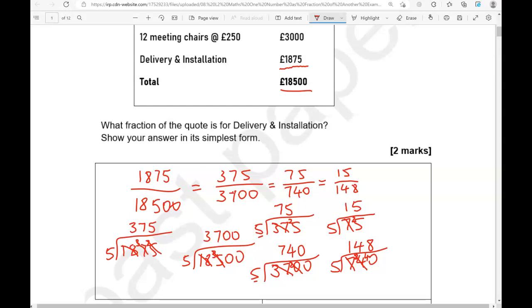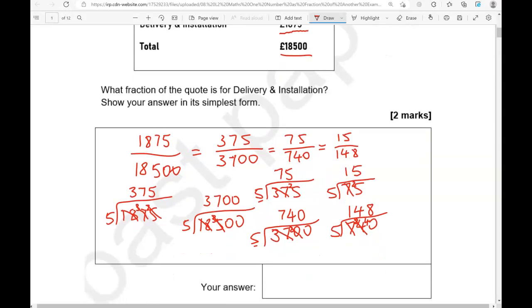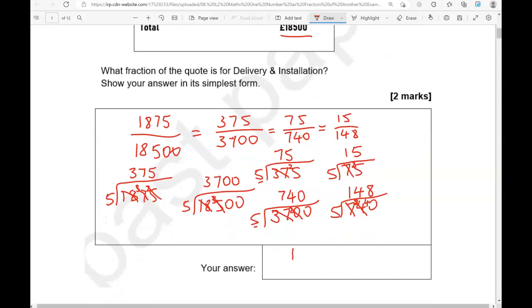Now 15 can be divided by 5 or by 3. But 148, we can't divide it by 5 to get a whole number. We can't divide it by 3 to get a whole number. So for this reason, this is the simplest form. So 15/148.